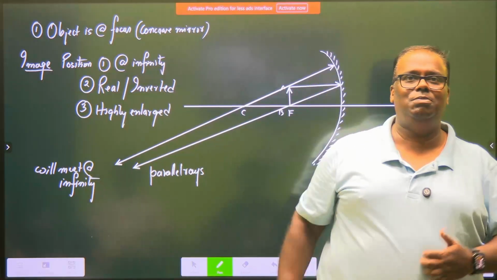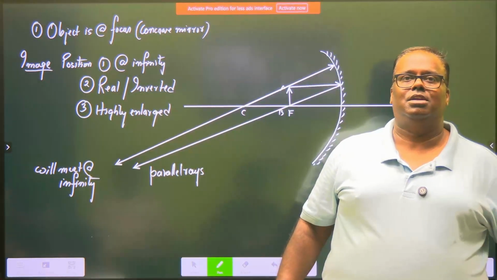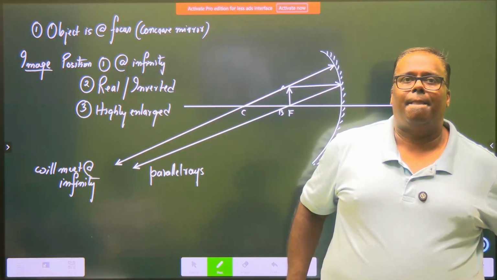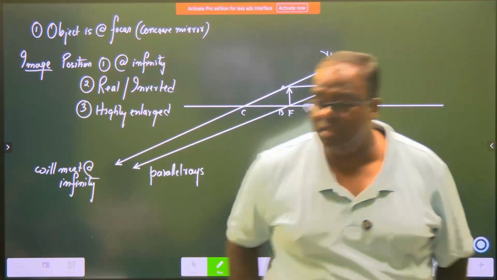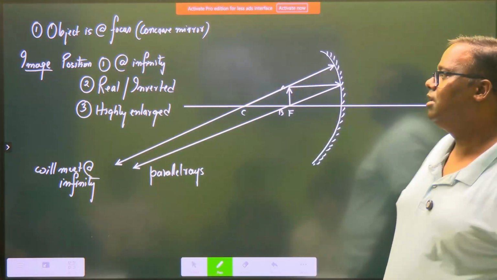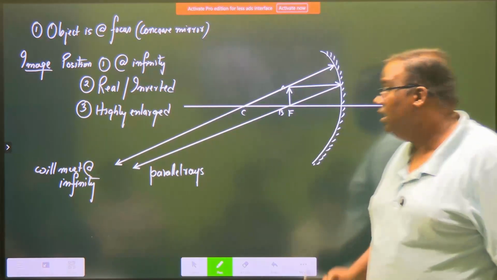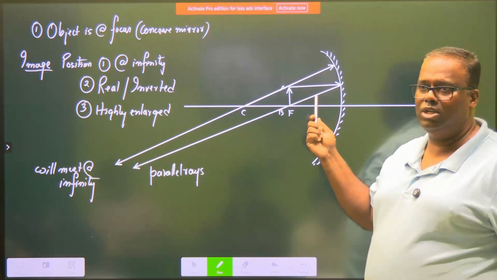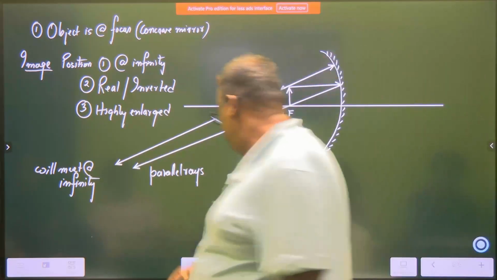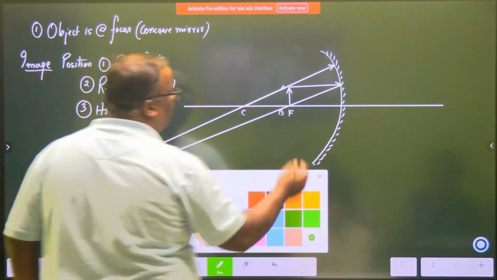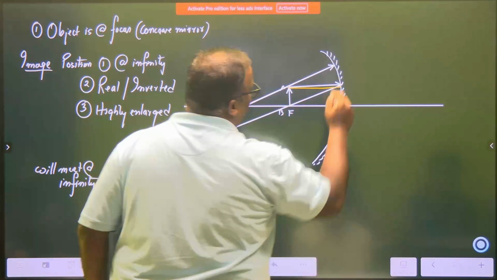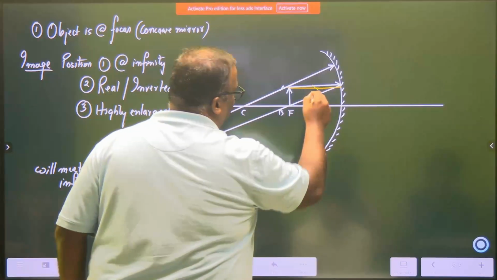Yeah, Anurag, tell me. I didn't understand how it is inverted. How do I tell whether it is inverted or not? Okay, look at my ray number 1. Can I mutate this diagram a little bit with a different color if you don't mind? This is the first ray. Where did it originate from? A or B?